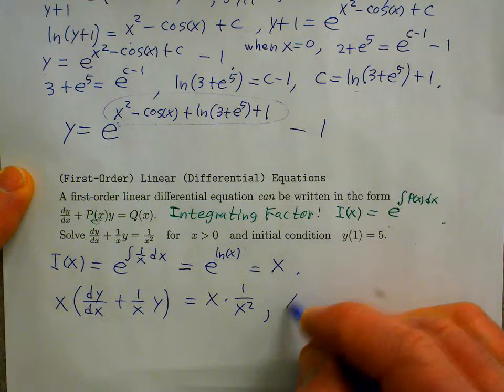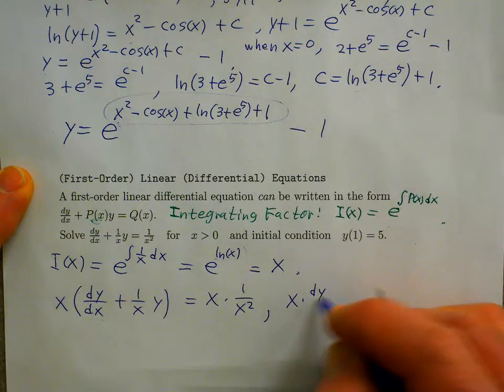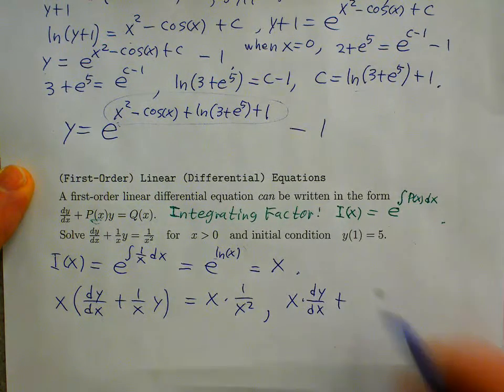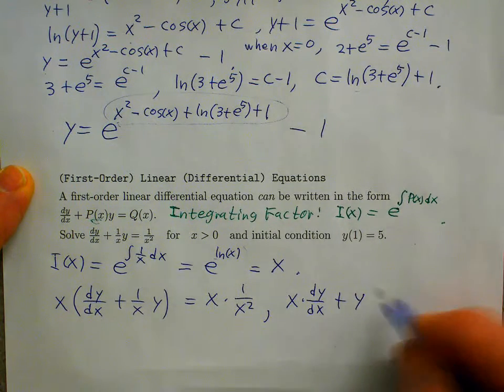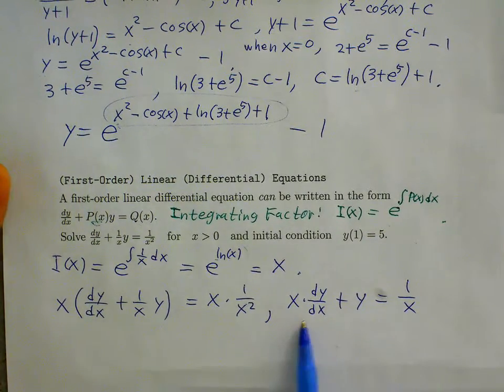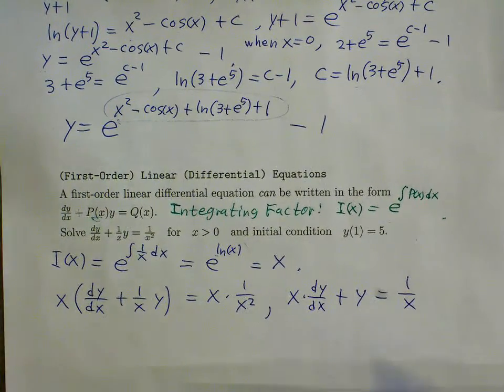Okay, so x times the derivative of y with respect to x plus y equals 1 over x. Okay, the left-hand side is the derivative of a function involving the product rule.